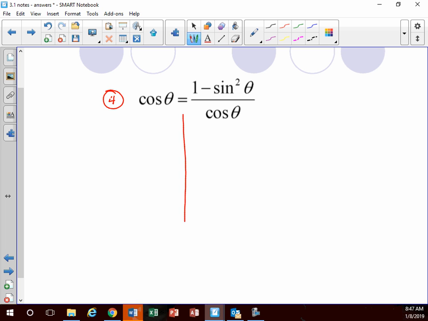Guys, look, I see a sine squared, so that makes me think maybe a Pythagorean identity is where I want to go. So look back at your Pythagorean identities. See if there's a substitution you could use.